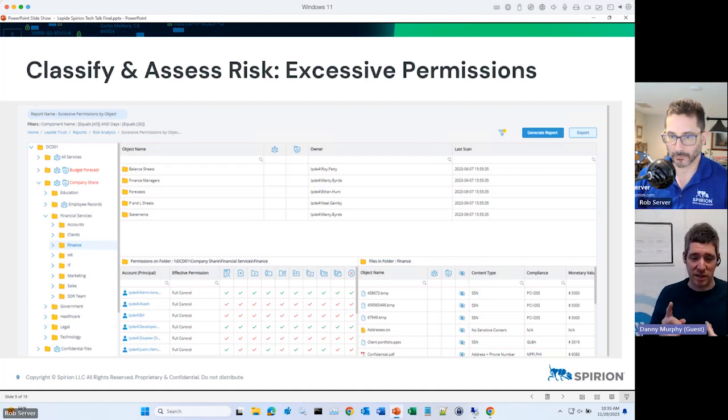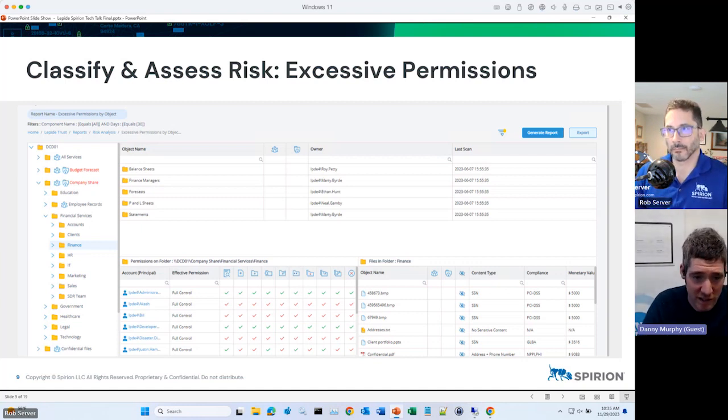He might only be opening the folders to view files, so he doesn't need the permission to modify or delete, as an example. So we're using this information to make better decisions around the data, and start working towards that least privilege model, to ensure only people that need access to the data actually have access. So that's one way that we can use the two solutions together to identify and assess risk.